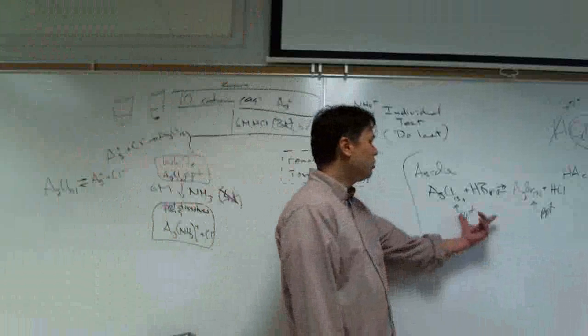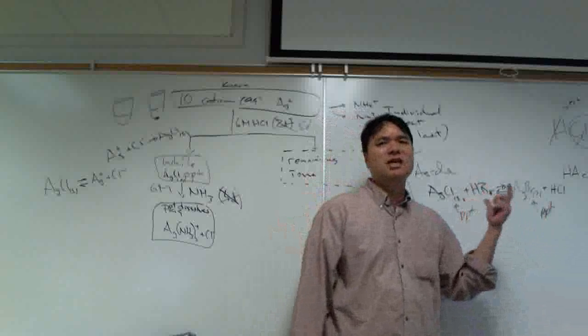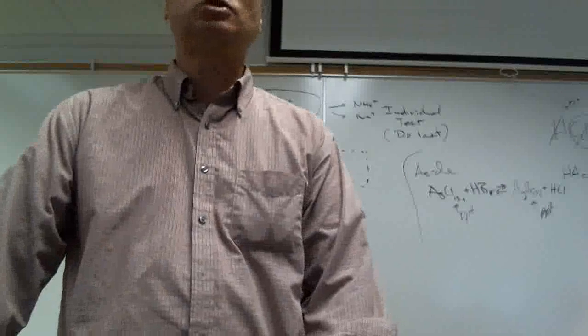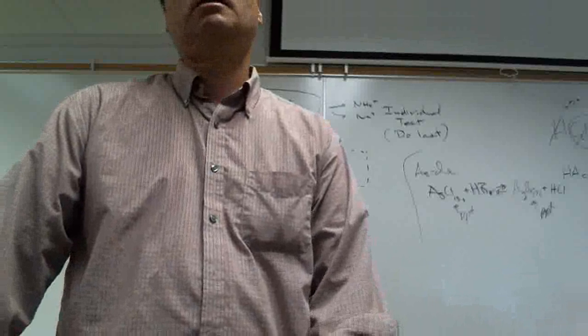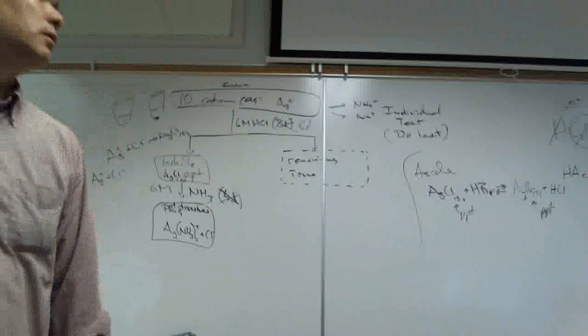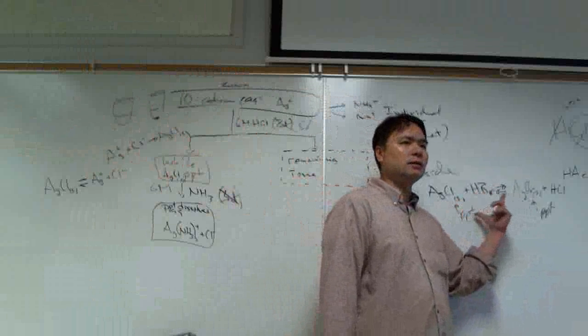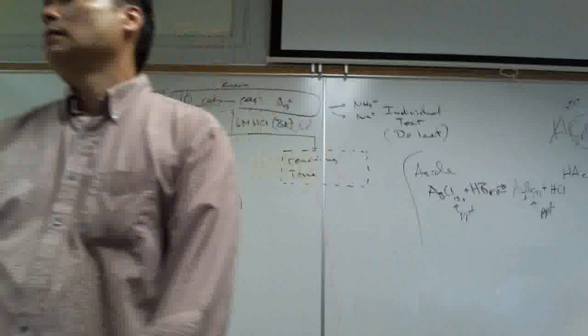But anyway, going back to this, there's another way we can tell which one's more stable, and that's based on experimental data. What type of experimental data could we use to determine which one is the more stable precipitate, silver chloride or silver bromide? Solubility.